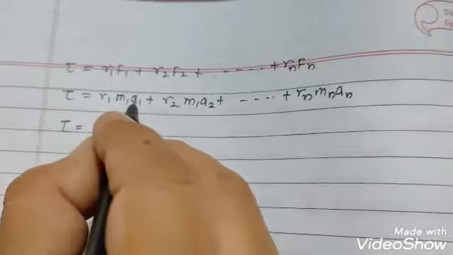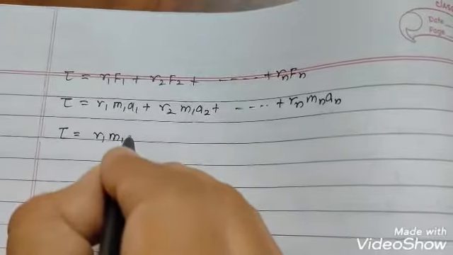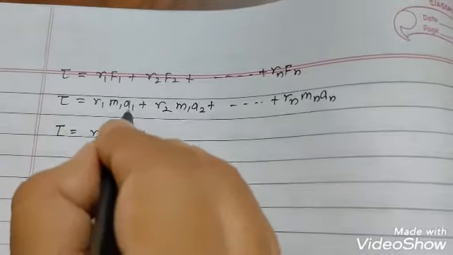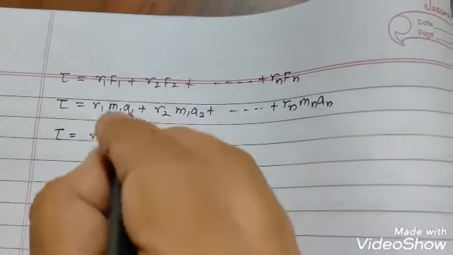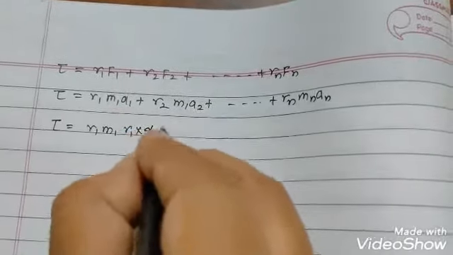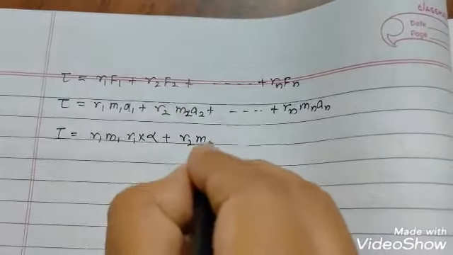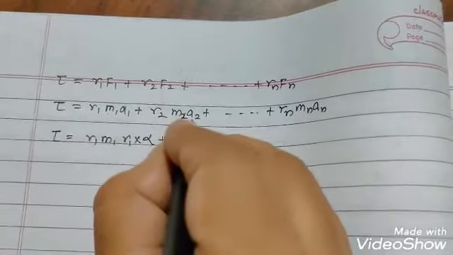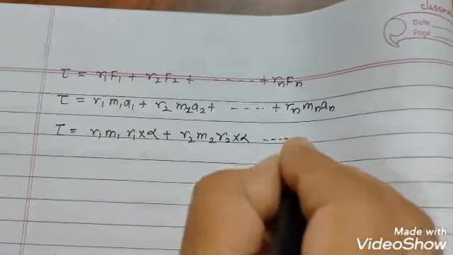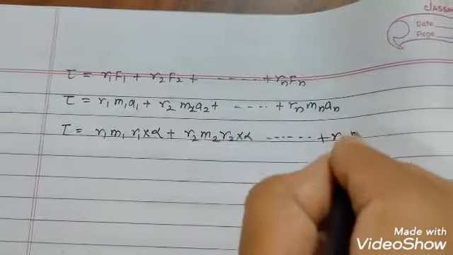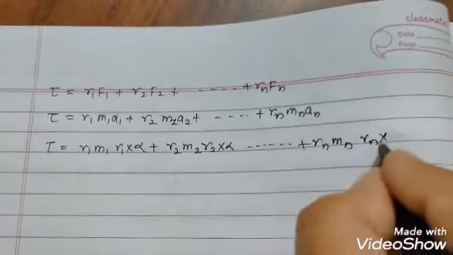We have already seen the relation between linear acceleration and angular acceleration, so a1 is written as r1 multiplied by alpha. Now plus r2 m2, then in place of a2 we write r2 into alpha, and so on till rn mn, and in place of an we write rn into alpha.